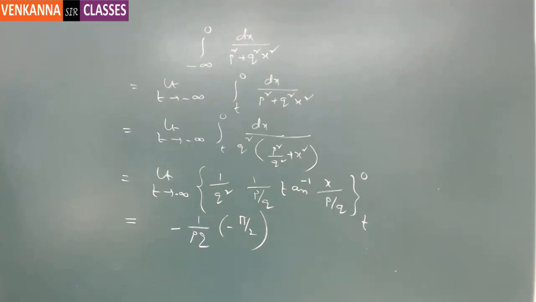I think tan inverse of minus infinity will be minus pi by 2. Am I correct? You confirm the limit part. Since the value is a finite number, the given integral is convergent. That is the conclusion.